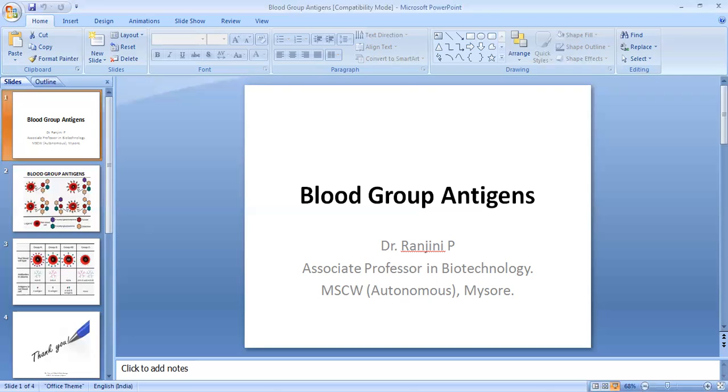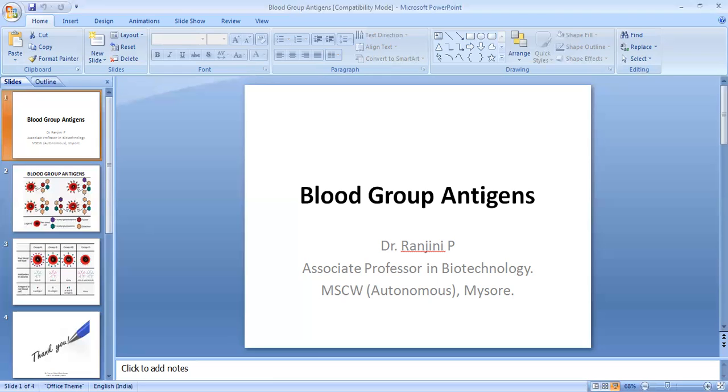Later, if she conceives an Rh positive baby in the second pregnancy, it is very fatal for the growth of the fetus because she will be positive for the Rh antibodies. That will act on the RBCs of the fetus and may lead to the death of the fetus. This is called erythroblastosis fetalis.